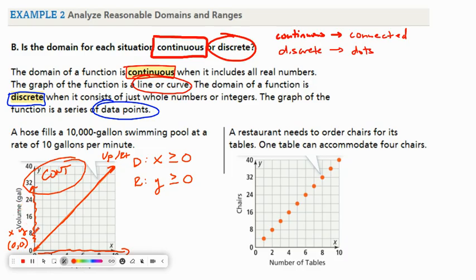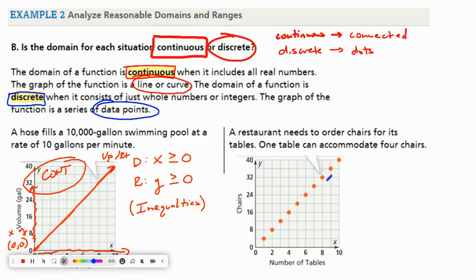Yes, 0 gallons, 8 gallons, but you could have 6.3 gallons. You could have 8.2 gallons, right? You could have smaller increments of gallons. Okay? So for continuous, typically use inequalities as your domain and range.